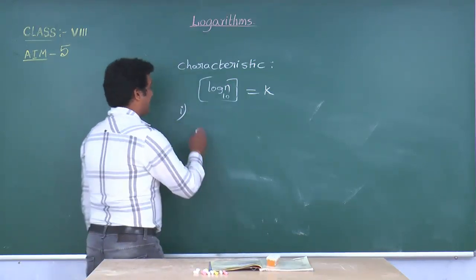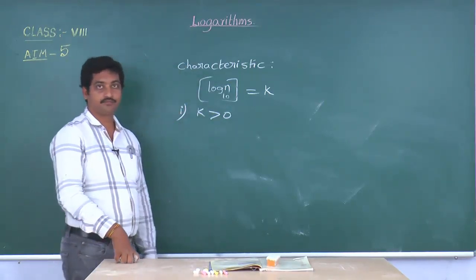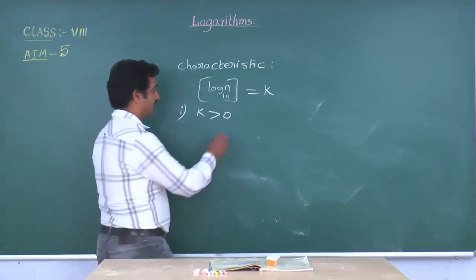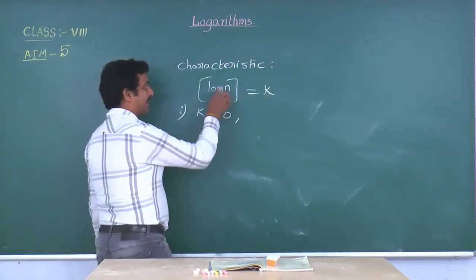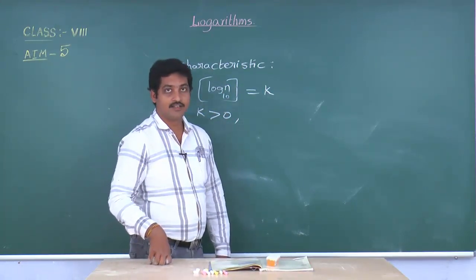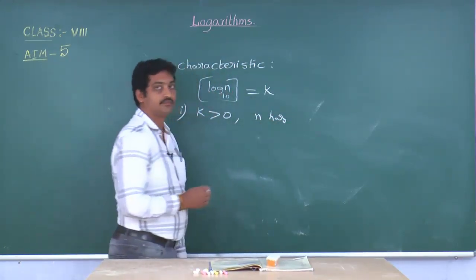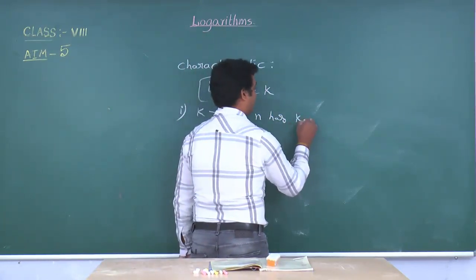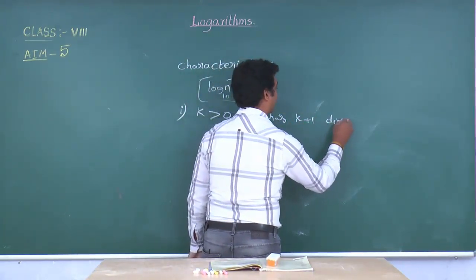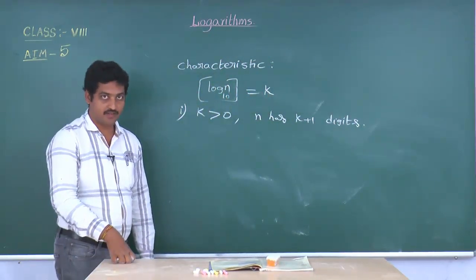If k is greater than 0, then n is greater than 1 and n has how many digits? K plus 1 digits. N has k plus 1 digits.